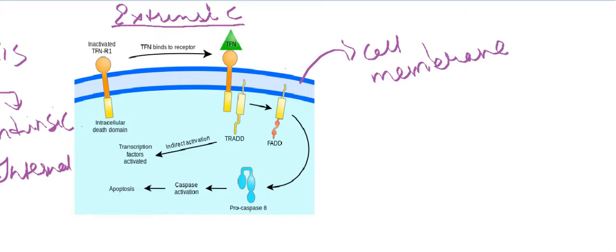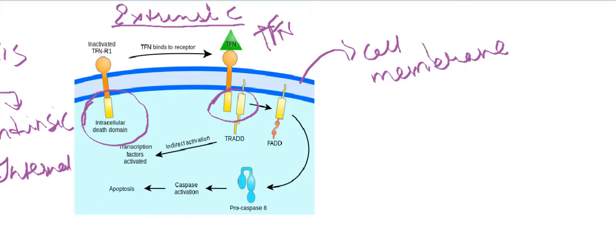Whenever the cell is damaged or unhealthy, a cytokine called tumor necrosis factor goes and binds to the tumor necrosis factor receptor, and this causes changes in the cytosolic death domain, and these changes allow the interaction of two proteins called TRADD and FADD. Actually, TRADD is a component of this cytosolic death domain only.